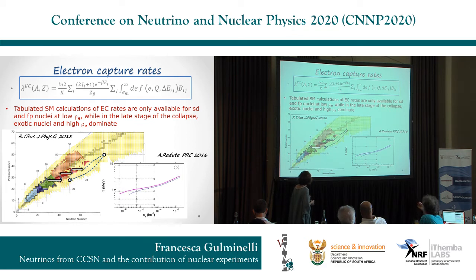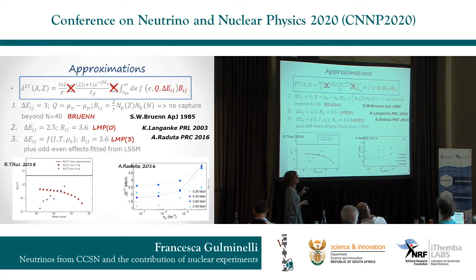And if you see here these arrows, this is the typical trajectory during the collapse in the proton and neutron number plane. That is the typical nuclei which are met. And you see that these typical nuclei that are met do not correspond to these shaded colored areas, which is where the microscopic calculations are available. So because of that, what people typically do is approximations.